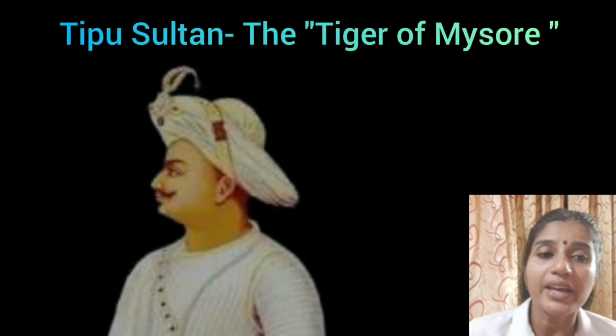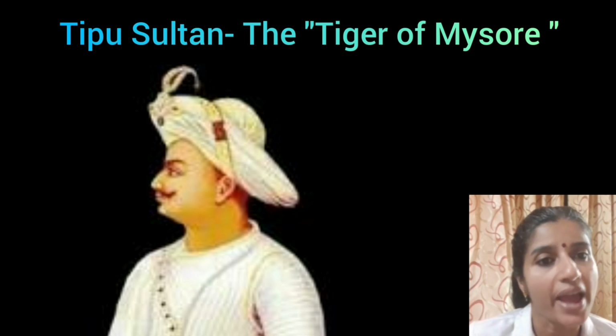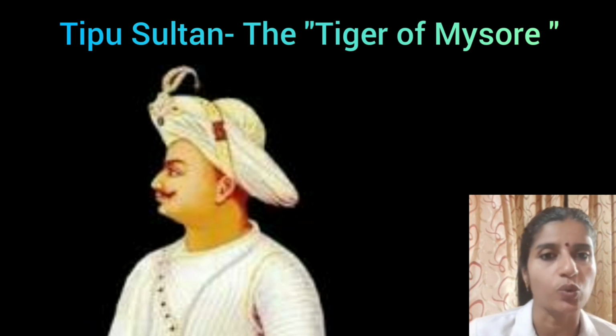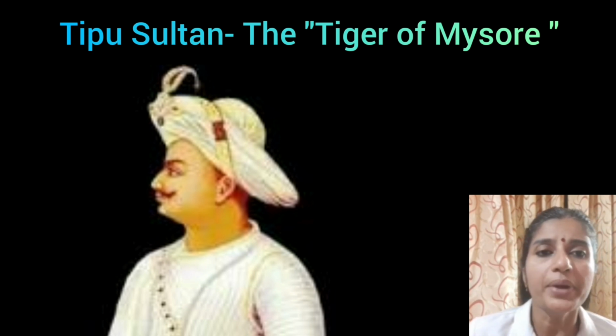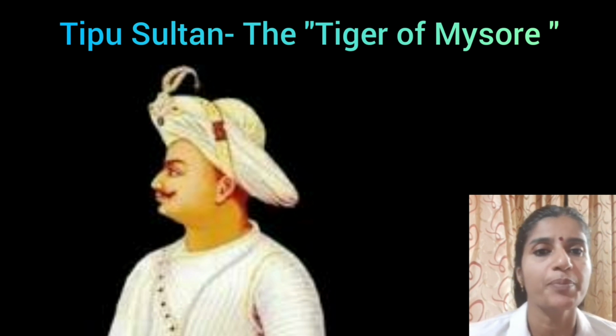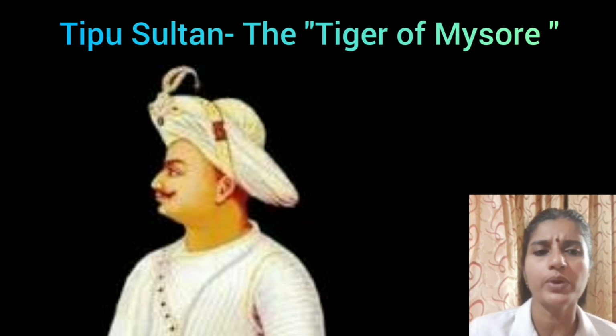Next, about Tipu Sultan, the Tiger of Mysore. He fought for the kingdom till his death. In the case of Mysore, Britishers used the direct military attack. Actually, what was the problem between Tipu Sultan and Britishers?